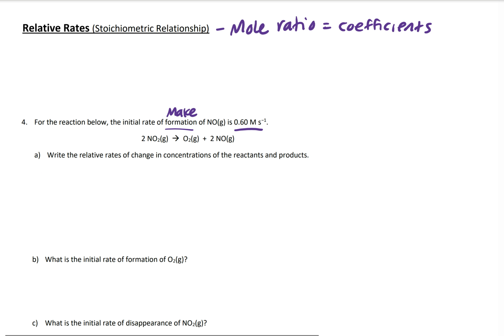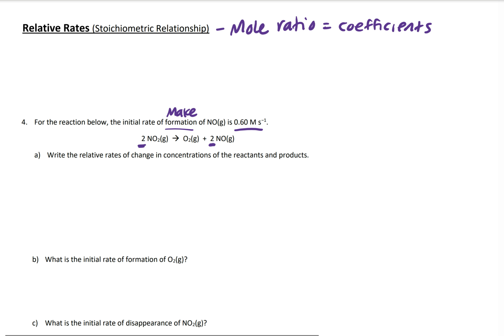It should really tell you something. Since the coefficient of NO is 2 and the coefficient of oxygen is a 1, then I know something about their relative rates. Since the coefficient of NO is twice the coefficient of oxygen, then I can suspect that nitrogen monoxide is made at a rate twice that of oxygen. It's going to be made twice as fast, and that's exactly what happens because its coefficient is double.